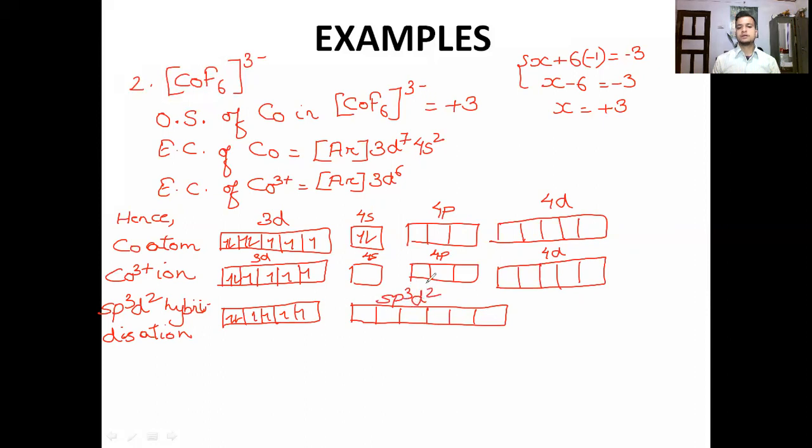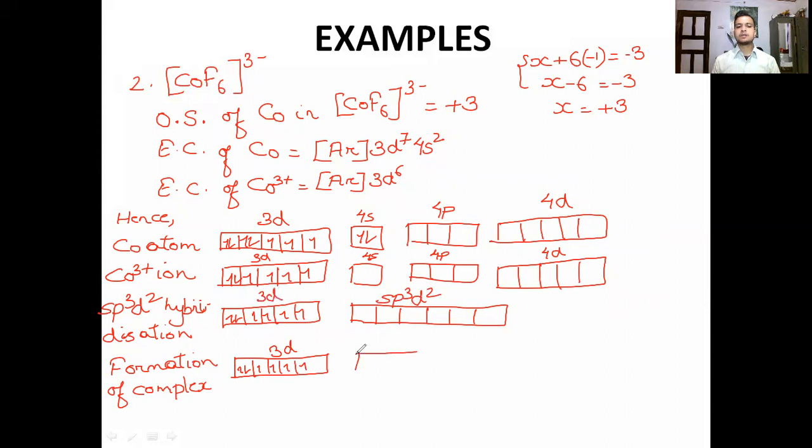Okay, then once we are done with that, finally it is the formation of the complex. So how will the complex be formed now? Obviously again you write the same, it will remain exactly the same. The 3d will remain the same, there will be no change in 3d.